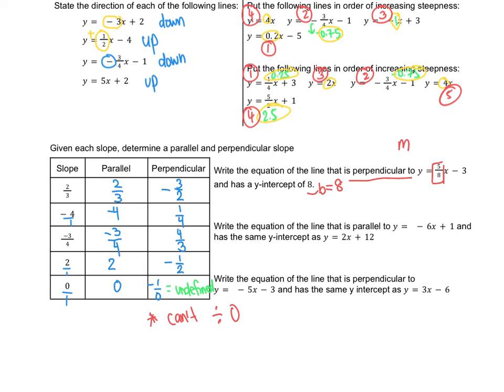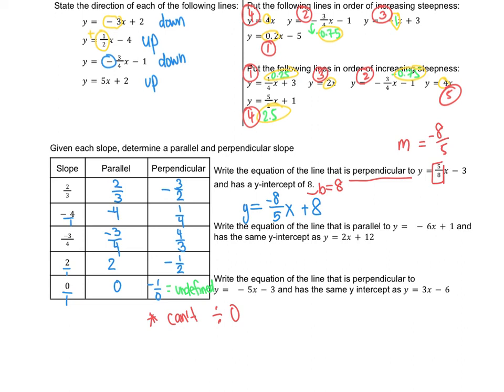My perpendicular slope is going to be, flip the fraction to 8/5, and then change from positive to negative. So now I can take these two pieces of information and put them into y equals mx plus b. So y equals -8/5x. The y-intercept is 8. There it is.